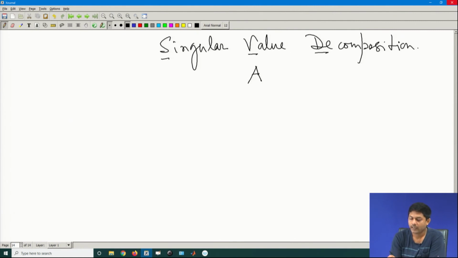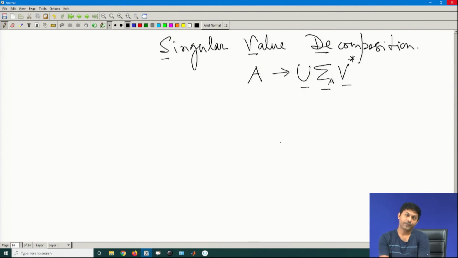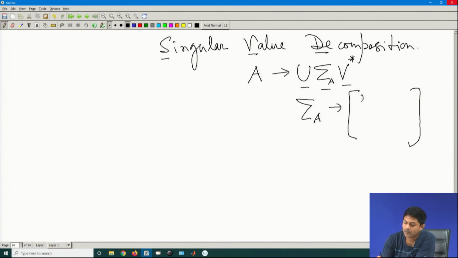So, A is a matrix. I can always break such a matrix into 3 components: U, sigma, V. Now, U and V are unitary matrices, and sigma is a diagonal matrix.